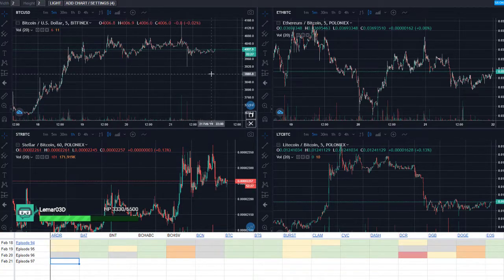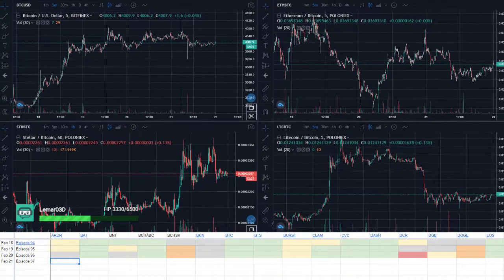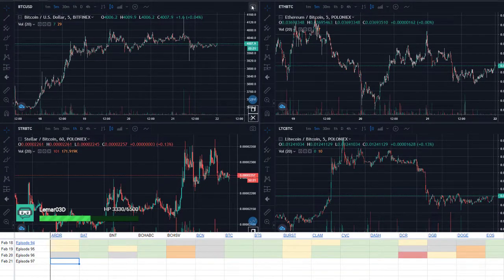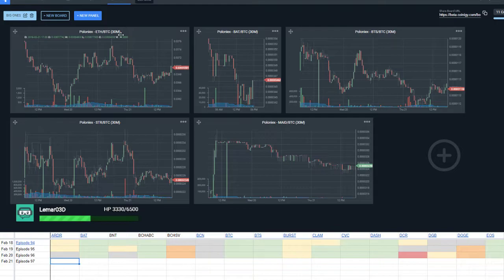With the multi-coin charts and the multiple monitors, it's easy to set up one in each different monitor with a set of coins. And I'll be doing that with Coinigy here as well, so that I can just switch between boards and we'll see how it goes. I'll get sets of 6 or 8 in each of these, and I'll set up different categories of coins.